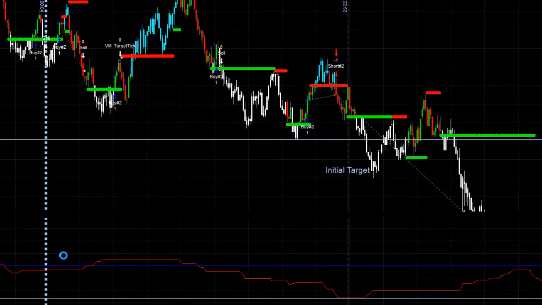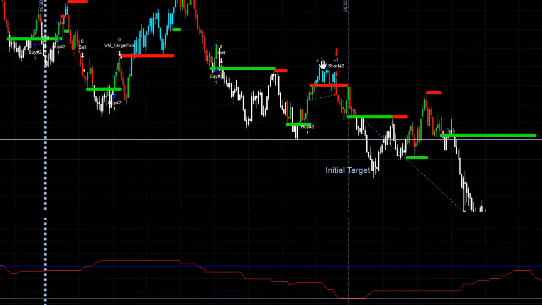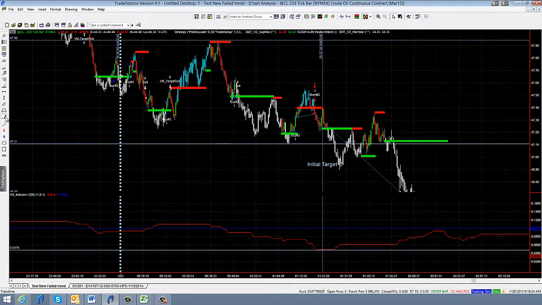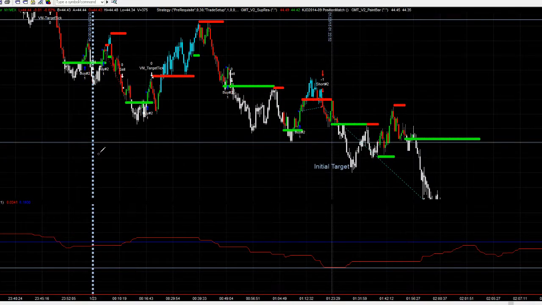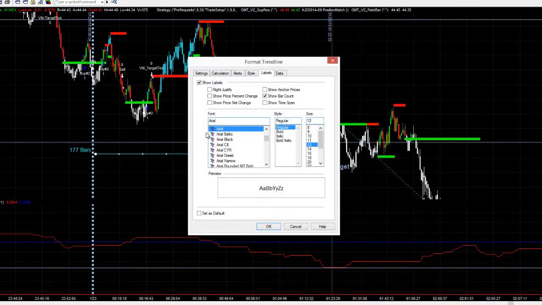Let's assume that we're trading from the 23rd of January, and we want to get a snapshot of what's happening in these 200 bars here. The first thing we're going to do is make sure that we have 200 bars loaded up on the chart. Let's have a look at how that is reflected. If I format this trend line and go into my labels area, I can select show bar count.